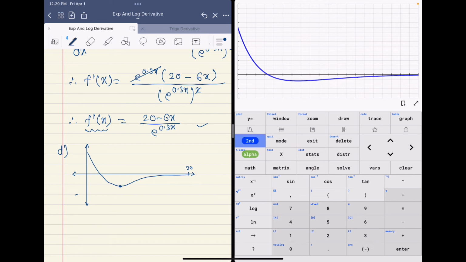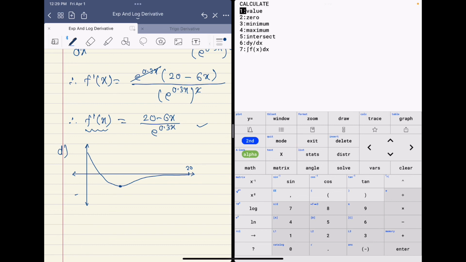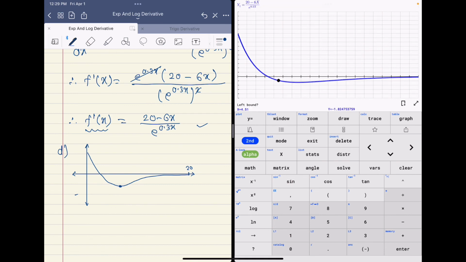So you go again to graph, trace, and now here you find the minima, because I want to see where the graph is increasing. So I need to find from the minima to the upper limit. For minima, I pick a lower limit, enter, upper limit, enter. I can see the graph's minimum point is 6.67. So from 6.67 up to 20, the graph is increasing.